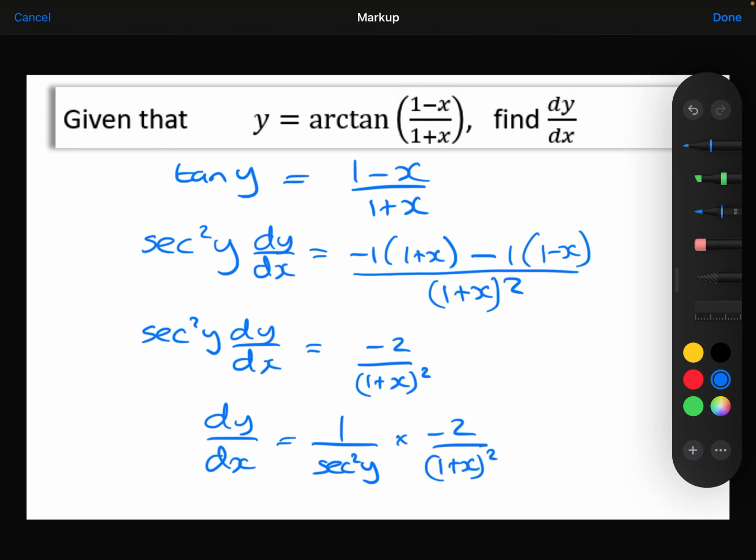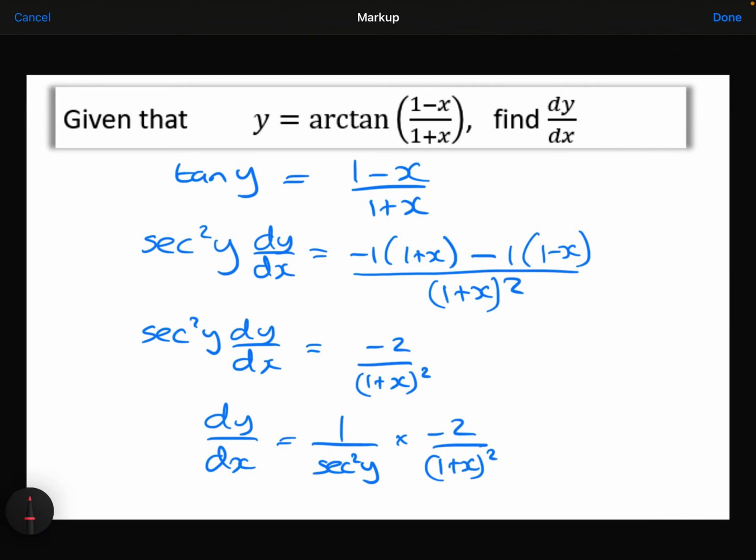Now I need to do something with this sec squared now. Now I know that sec squared is equal to tan squared plus 1. So sec squared y equals tan squared y plus 1. So tan squared y is 1 minus x over 1 plus x all squared.